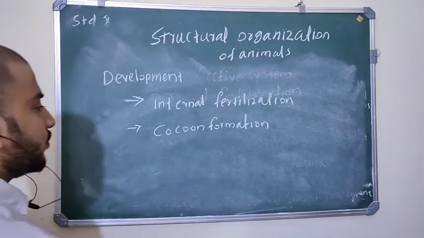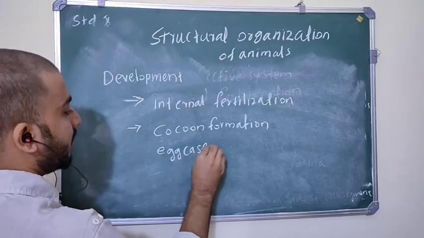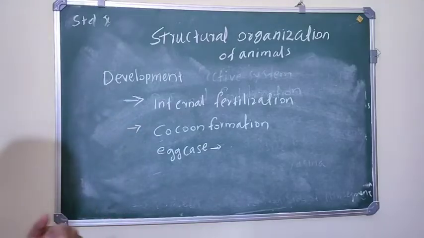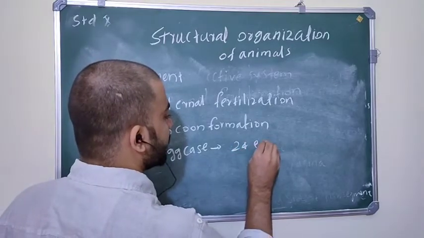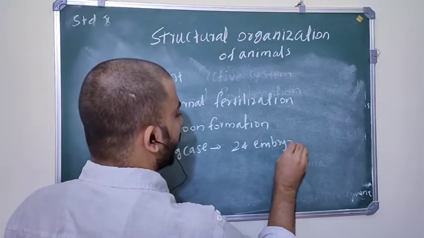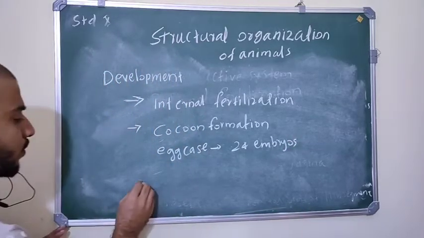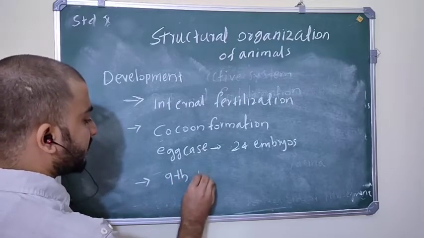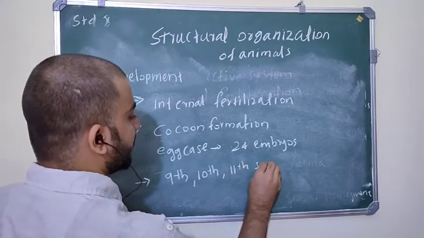Okay. So this cocoon is also called egg case, and the developmental processes continue inside these cocoons, which form around 24 embryos inside this cocoon. 24 embryos. Okay, and these cocoons form around the 9th, 10th, 11th segments.